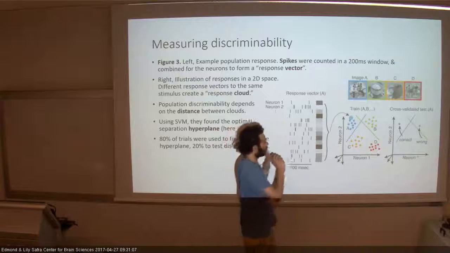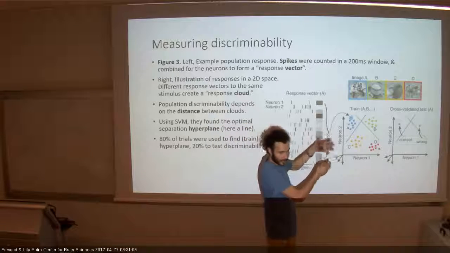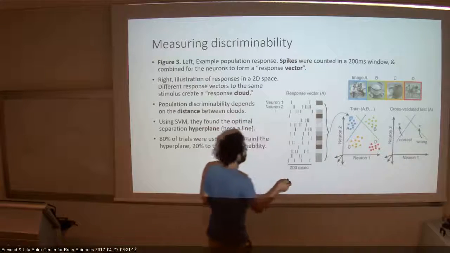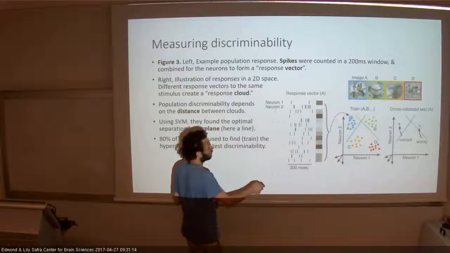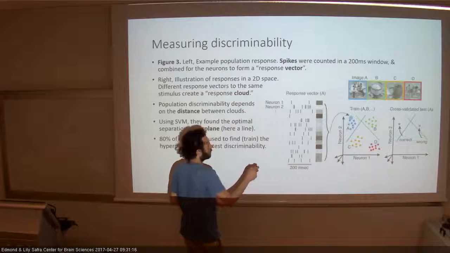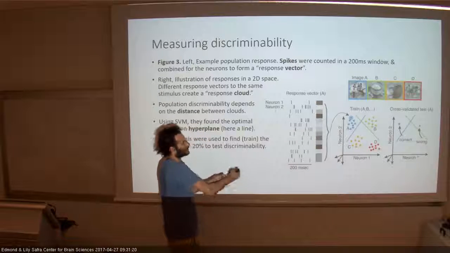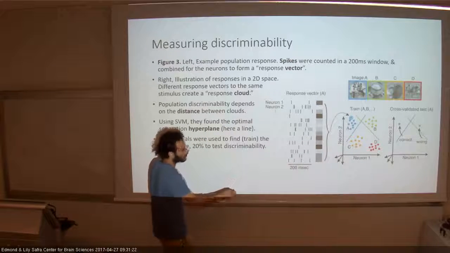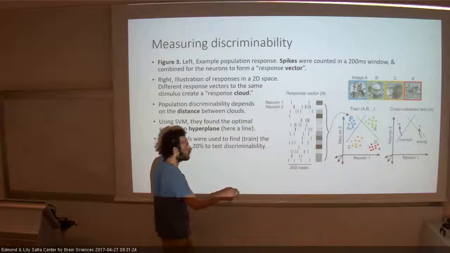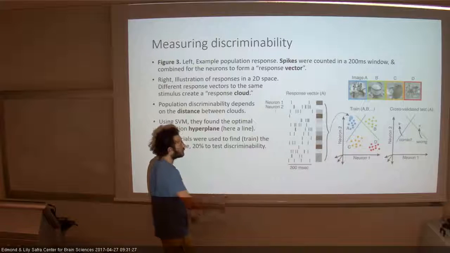Then they put it in the space of all the neurons. Here we see it only in 2D, meaning two neuron responses. They plot each of these vectors as one dot. Then for each representation of the image, they get another dot. And we see that we get a cloud of responses.